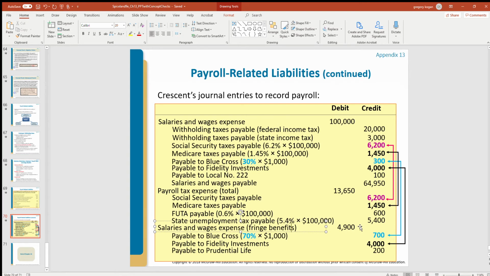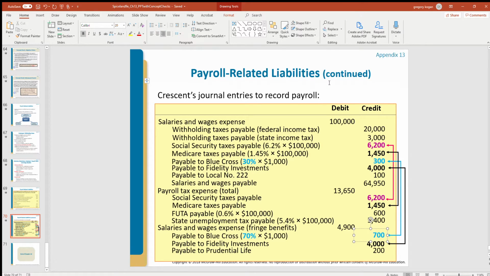And then for fringe benefits payable, we're putting in the same thing, bringing in those payables, and we're debiting the expense for fringe benefits, and we're including here the other piece for the fringe benefit, the Prudential, the Fidelity, and the Blue Cross Blue Shield.